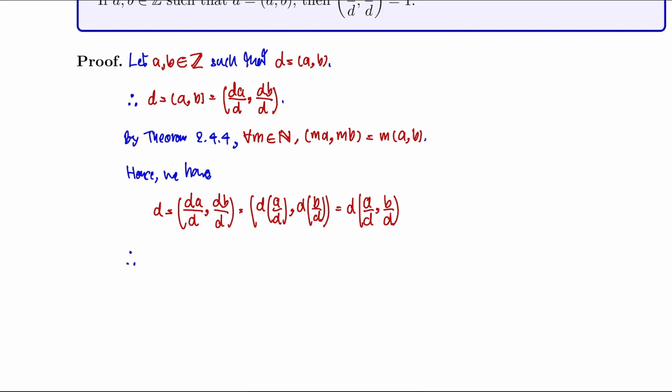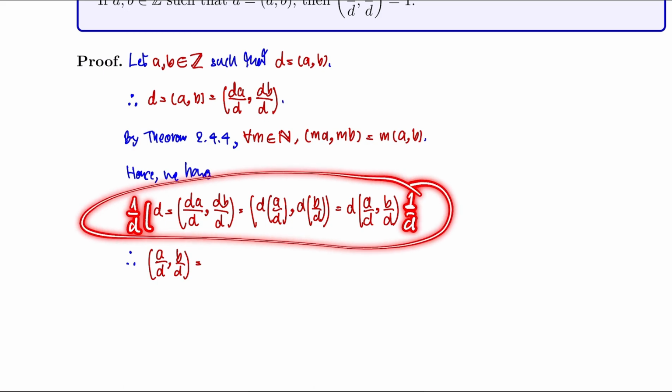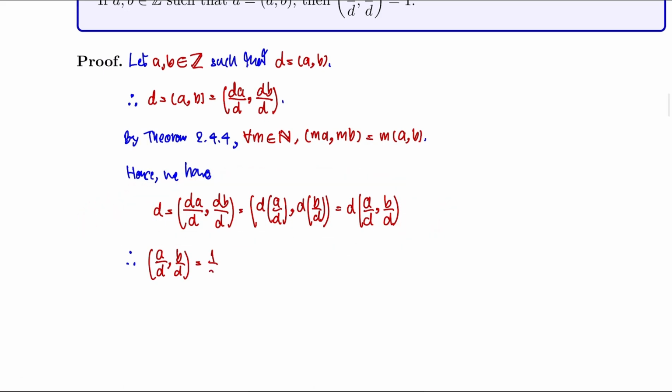So what we have is the greatest common divisor of a over d and b over d, which is now, it's like we multiply both sides of this equation by 1 over d. So we're gonna have 1 over d times d times the greatest common divisor of a over d and b over d.